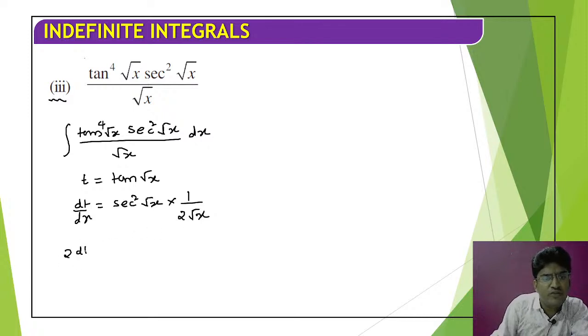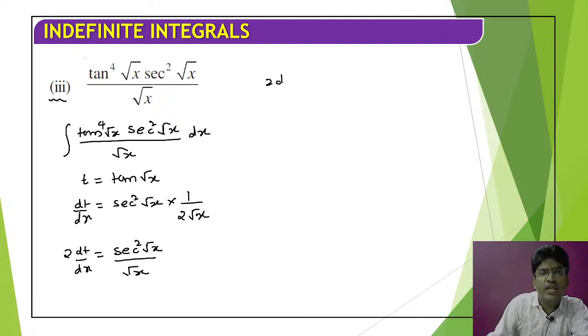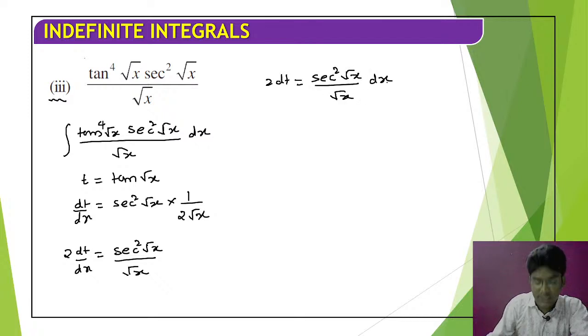So 2 times dt by dx will be equal to secant squared root x divided by root x, and taking dx on this side, 2 dt equals secant squared root x divided by root x dx.